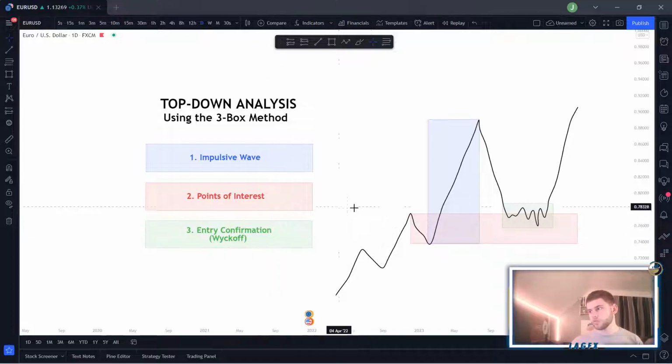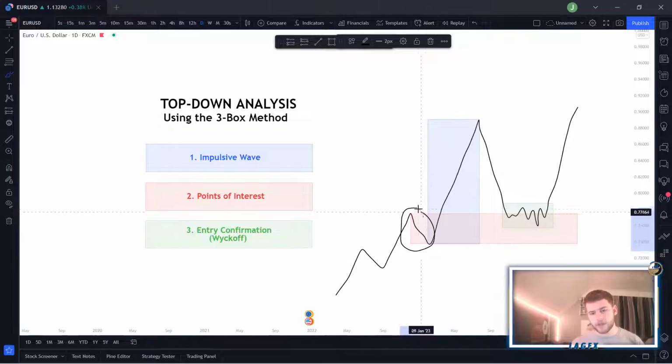Now this may be fractal structure, but we use the mixture of fractal structure and Wyckoff. So on the right here, you can see just a quick little draw up of what this is. We see that we are within a bullish trending market, an uptrending market. We are actively breaking the highs and protecting the lows. So what's happened here is we have this correctional wave. If I just get the draw tool out, this is our correctional wave within that.